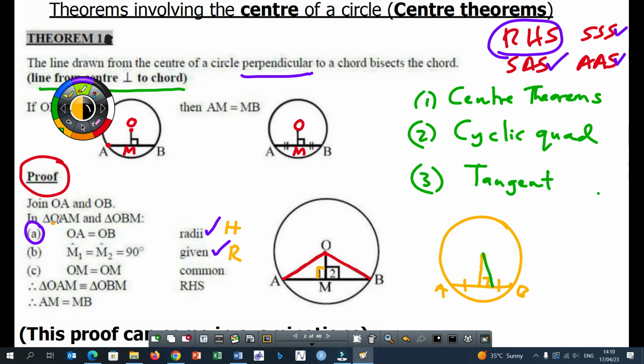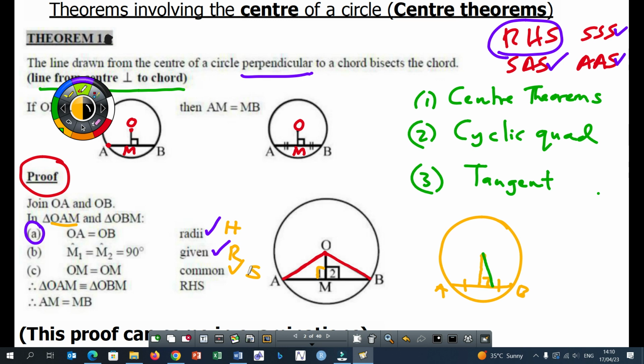Remember, our two triangles here are OAM and OBM. That common side will represent the side in the acronym RHS: your right angle, your hypotenuse, and your side. Once you do that, you conclude that therefore triangle OAM and triangle OBM are congruent.